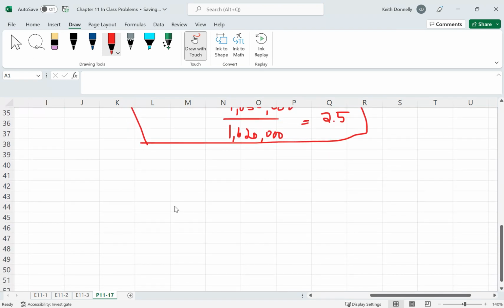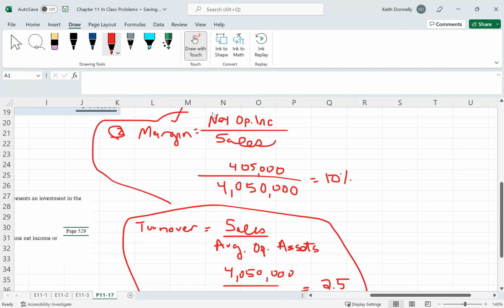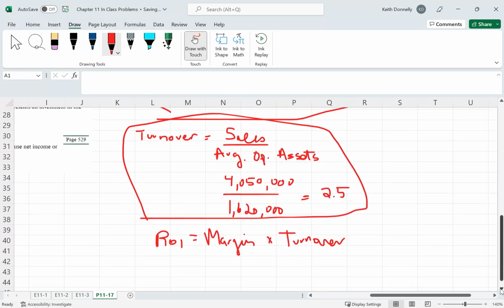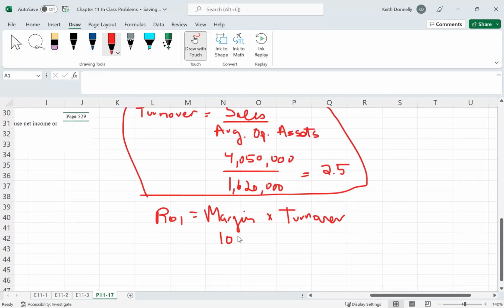All right, third one they want us to do is ROI. And this one is going to be your margin times your turnover. Now our margin from up here is 10%, and our turnover is 2.5.